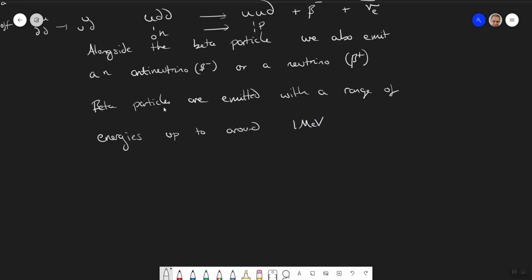Now, the reason for that is that you don't know exactly where the beta particle has been emitted from inside the nucleus, and you don't know exactly what direction it's traveling. So obviously, it's going to feel some attraction from the nucleus itself. So beta particles are emitted with a range of energies up to around 1 mega electron volt.